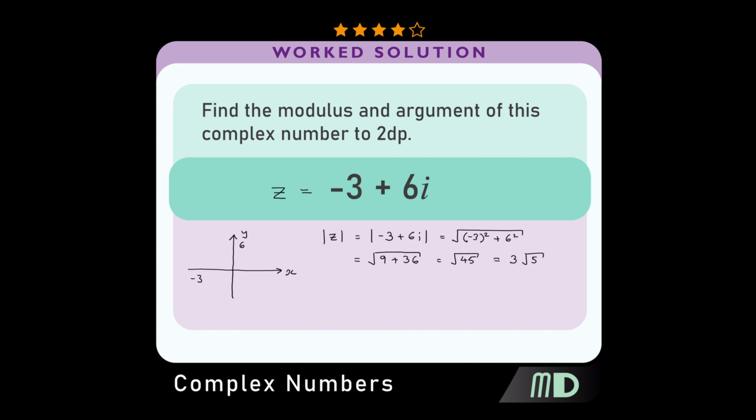Plotting the value -3 on the real axis and the value 6 on the imaginary axis, and drawing a line representing the complex number, the angle formed between the complex number and the real axis is alpha.